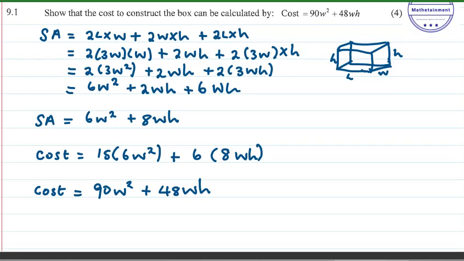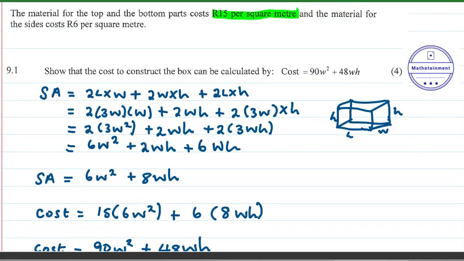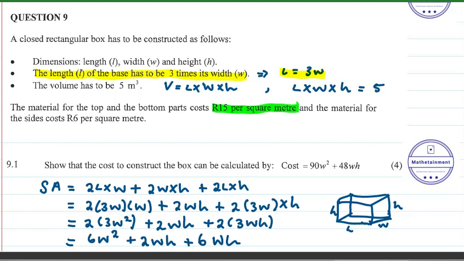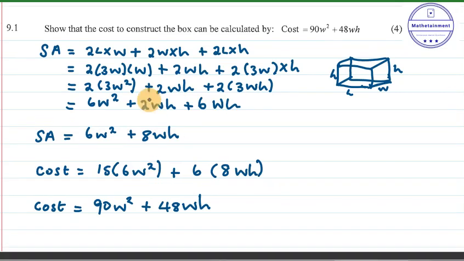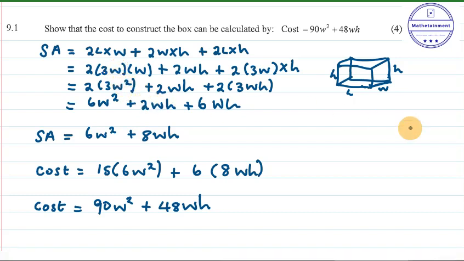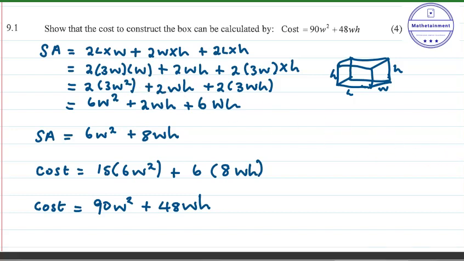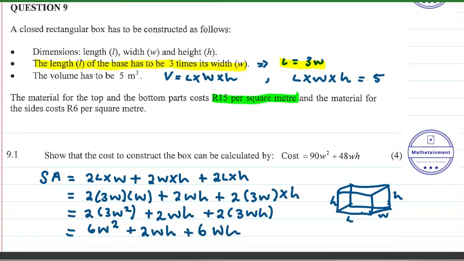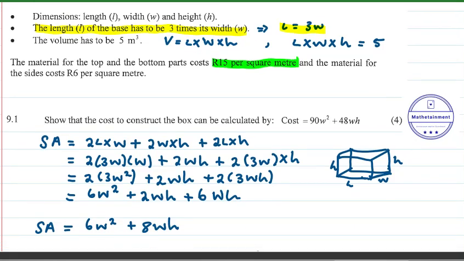One more important thing to pay attention to: they did mention that the rectangular box is closed, that's why we have 2L times W. But if the rectangular box was open, it would consider only the bottom part, which is L times W, not 2L times W, because we would be working with only the bottom part, since the box would not be closed.